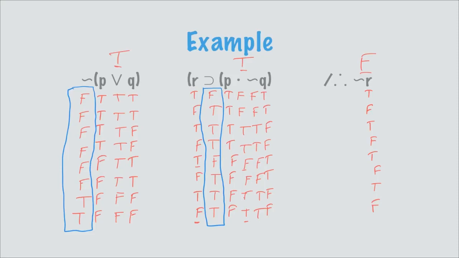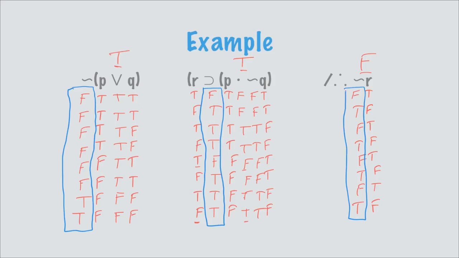So those are the values. And then finally, and this is pretty easy here, since the conclusion is just not R, all I have to do is negate here. So I have false, true, false, true, false, true, false, true. And that's the value for the conclusion for each substitution instance.